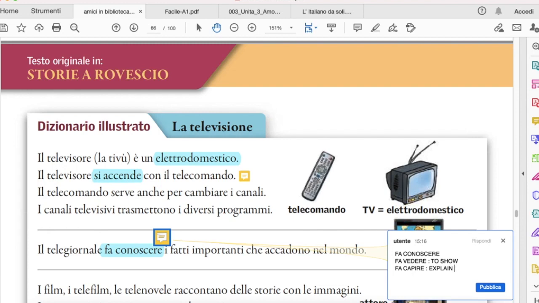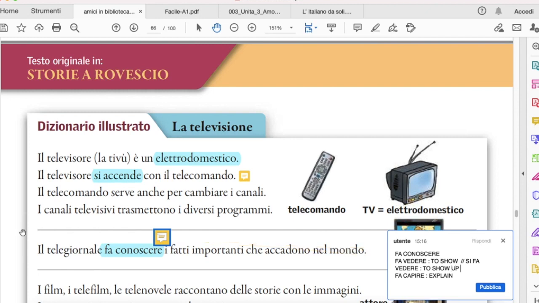The reflexive version, which is to show up. And farsi vedere, so here it's fare, right? Fa for fare. And the reflexive would be si fa vedere, which is to make herself be seen by, or himself to be seen by somebody, right? And so that's an interesting construction, to show up.